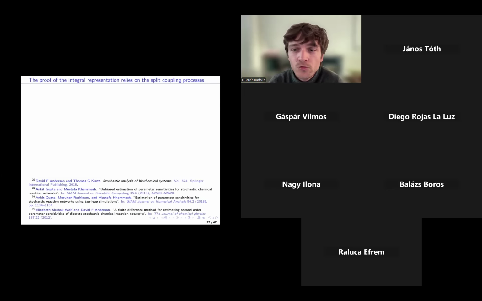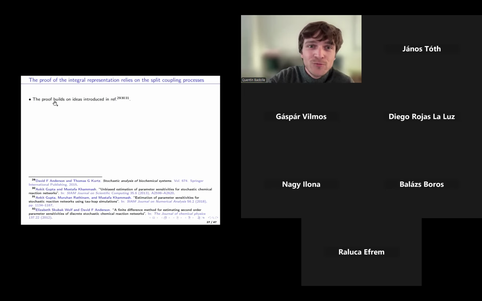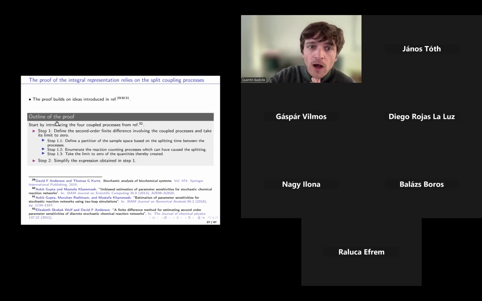So it's a useful analytical tool to use beyond sensitivity methods. Here I mention that the proof builds on ideas introduced in these three papers, which are in the field of sensitivity analysis.